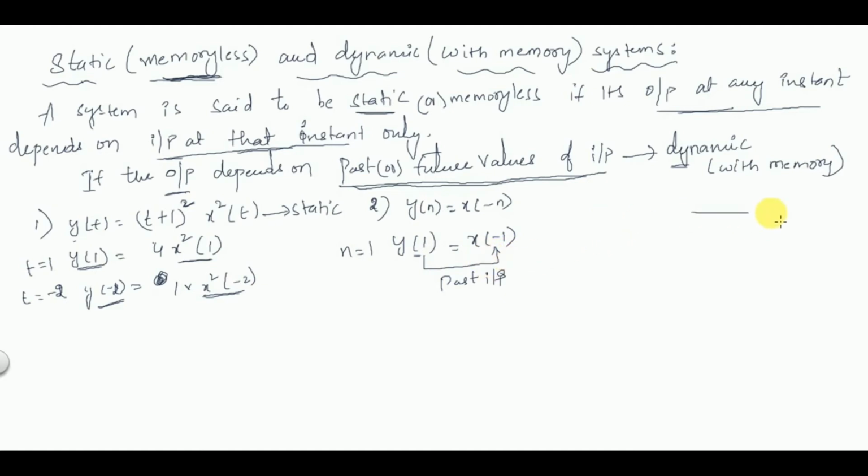On the timeline, -1, 0, 1, all the instants less than the reference are called past values, and all the instants greater, like 2, 3, 4, are called future values of the input. So now the output depends on past values of the input, so the system is dynamic.